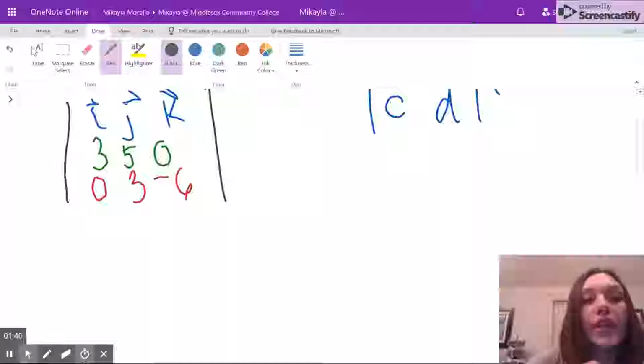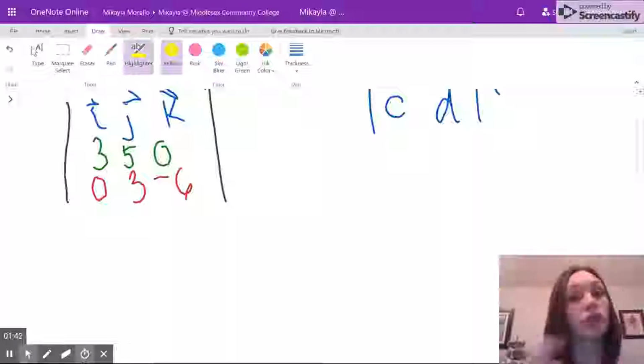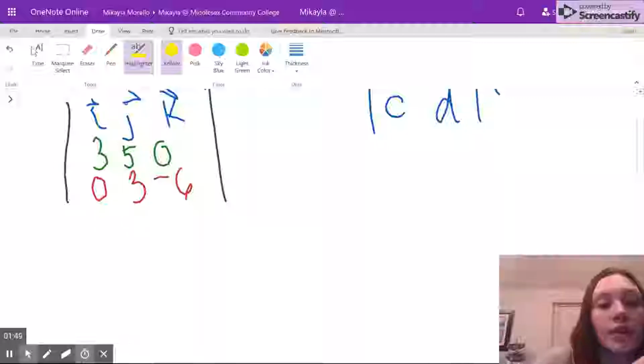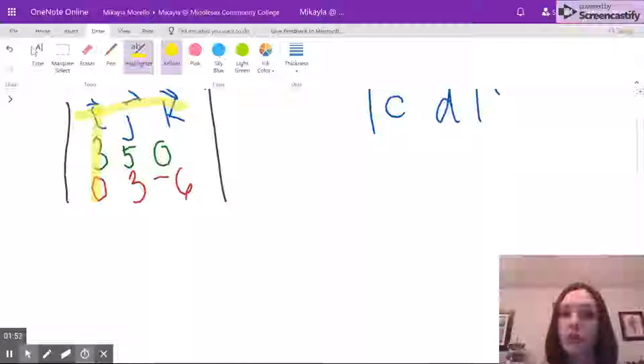And if I start with the i vector, I have to highlight or cross out the row and the column for the i vector. So that would be this column and this row. And that gives us our cofactor or the mini determinant that we need to use.